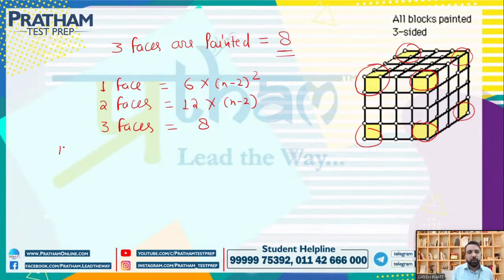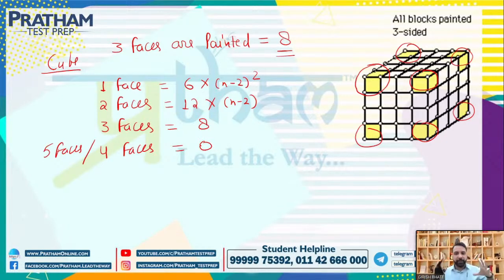Okay, let's say the question is about 4 faces painted or 5 faces painted, right? In case of a cube, the answer is 0. But in a cuboid, remember this point, 4 faces painted is also possible, 5 faces painted is also possible.